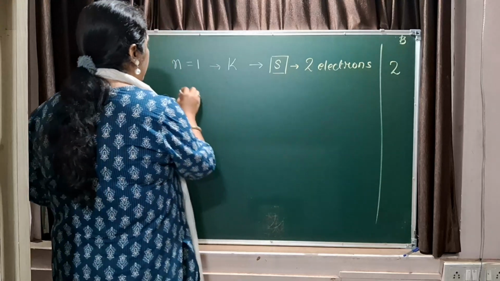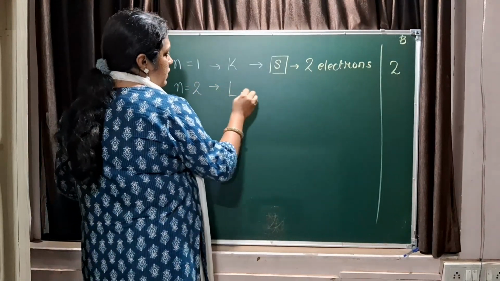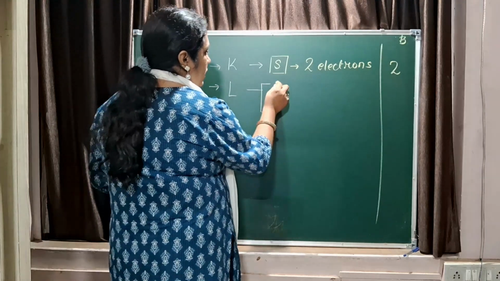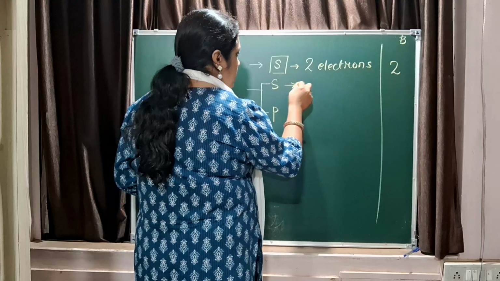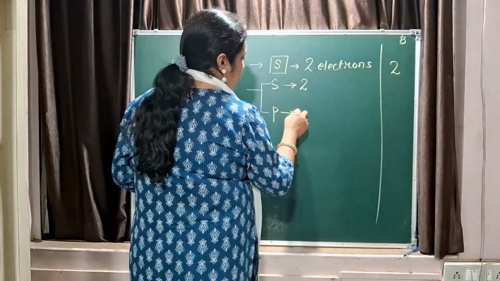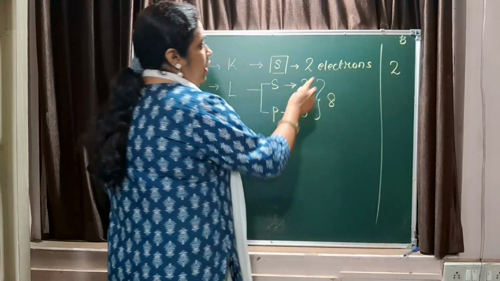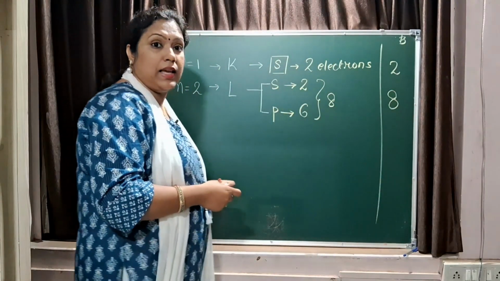Understood? Similarly, when n is equal to 2, the L shell has 2 orbitals, one is S, another is P. The capacity of S is 2 and that of P is 6. So in total it makes 8. According to Bohr-Bury's law, 2n square makes 8.